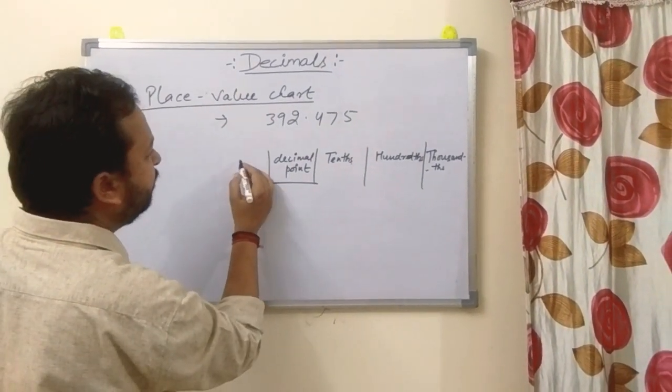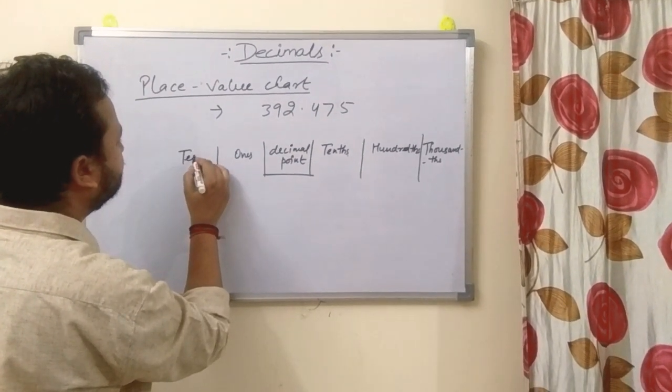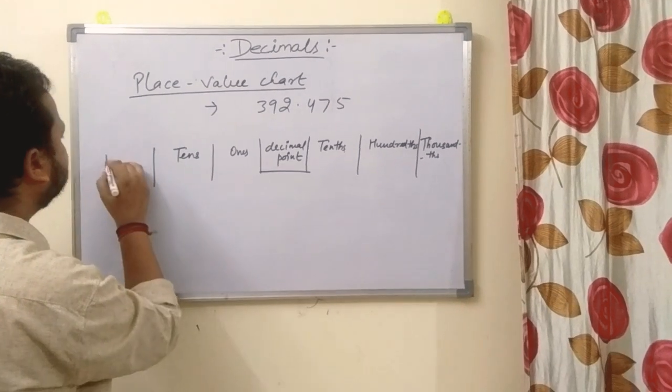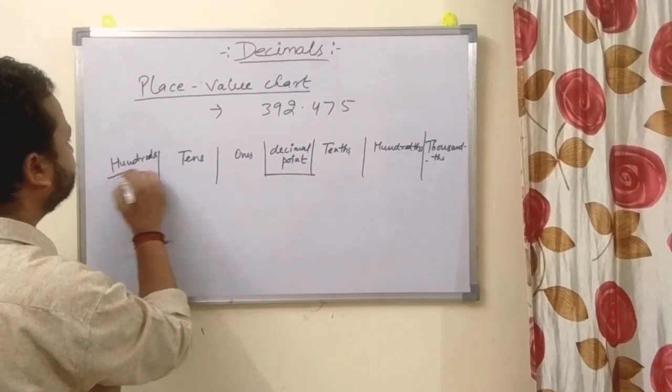And before the decimal, this is ones place, this is tens place, and this is hundreds place, right?